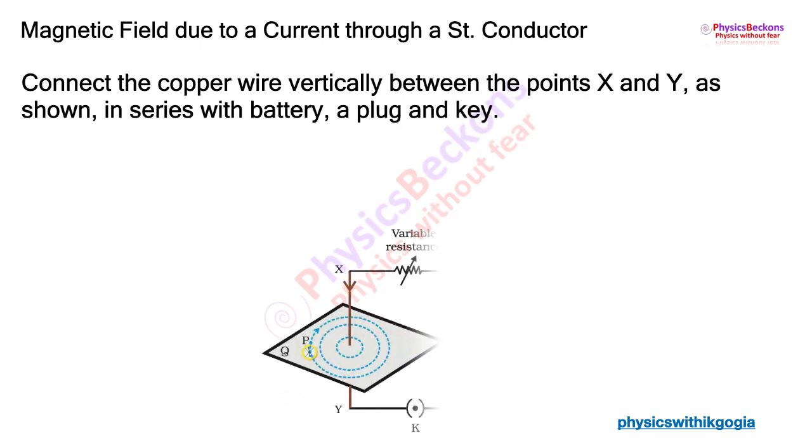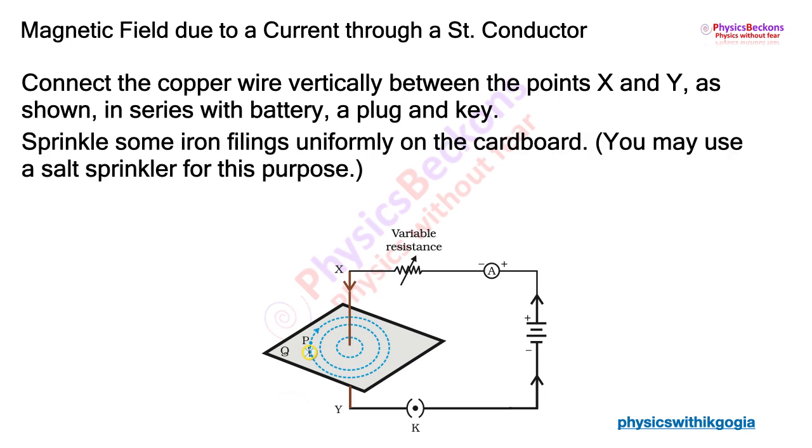Connect the copper wire between points X and Y as shown in series with the battery, a plug and a key. Now we sprinkle some iron filings uniformly on the cardboard. You may use a salt sprinkler for the purpose.